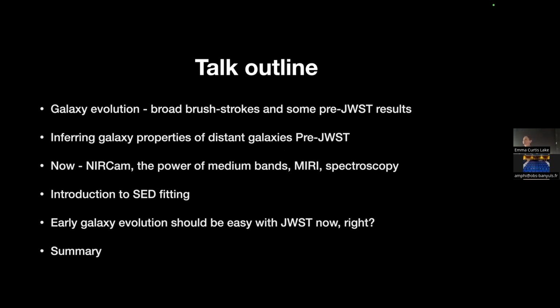And then how this got transformed when we had NIRCam available. There's a lot more information from the range of filters that we can use on a telescope. There's MIRI, there's spectroscopy. I'm going to give you a little introduction to SED fitting because some of the results revolve around that.